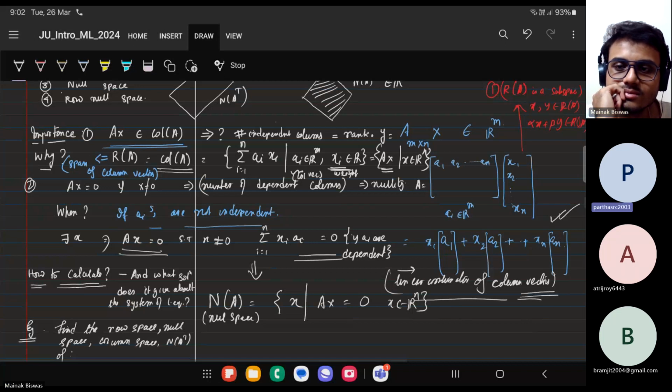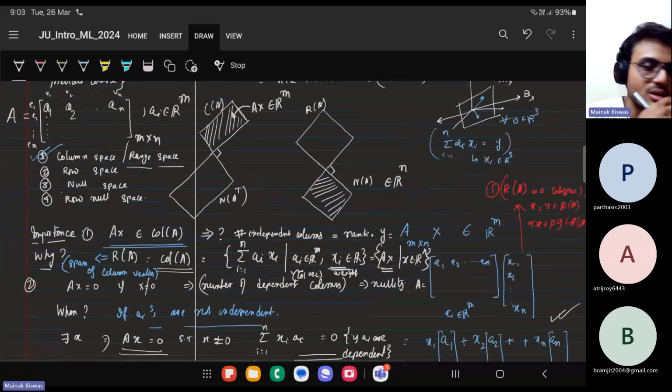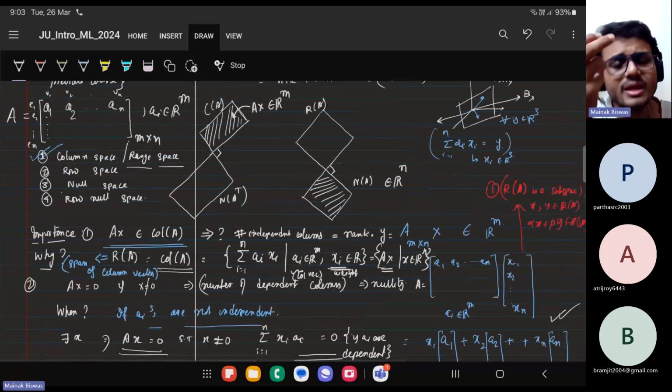Okay. So can it ever be that my column space becomes equal to my null space? How can column space be equal to null space? Only in the case of the zero vector. They are dimensionally different.